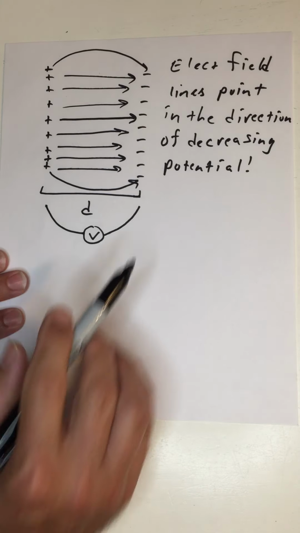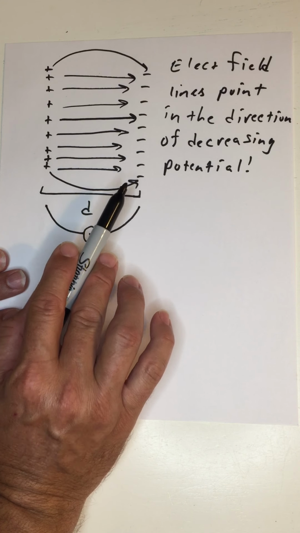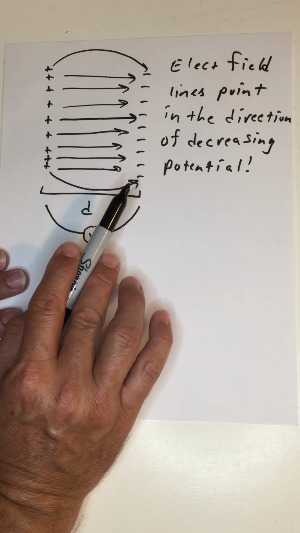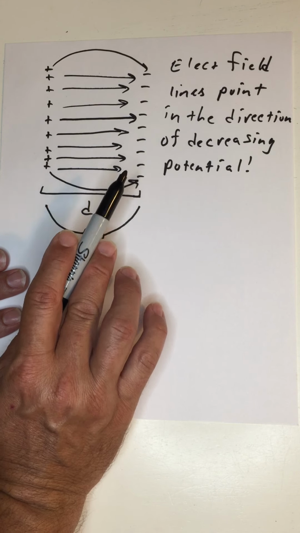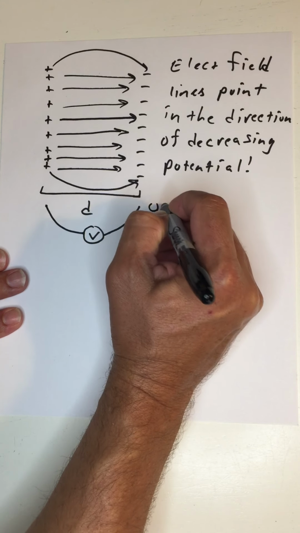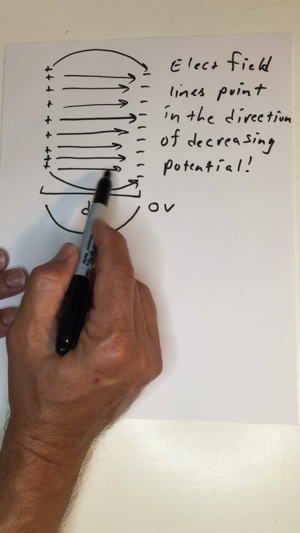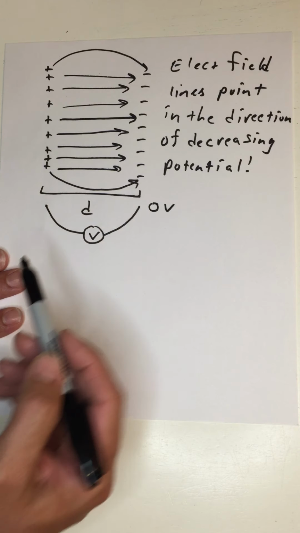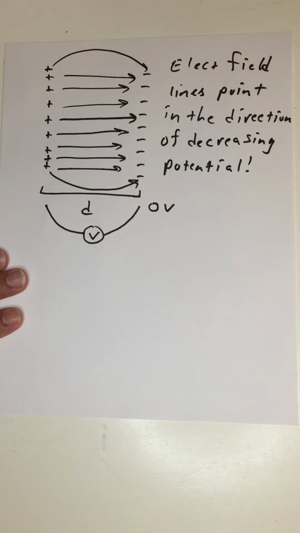Because I can set my zero point wherever I want, remember, the potential is based on potential energy, and that ability to set your zero point wherever you want comes right along with it. So say over here, this is going to be 0 volts, and that means as I go to the left, I'm climbing up the hill, as it were. I'm increasing in potential because I'm going opposite the field lines.